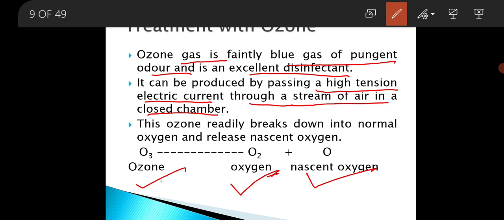This method has different advantages. Ozone is unstable, therefore nothing will remain in water by the time it reaches the distribution system. Second, ozone removes color, taste and odor in addition to removing the bacteria from it.